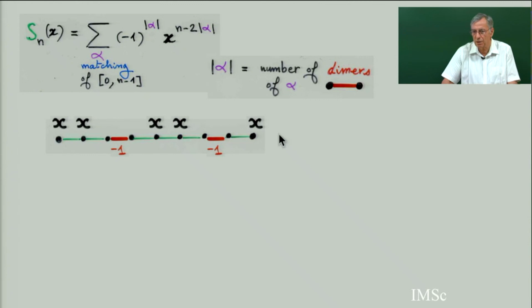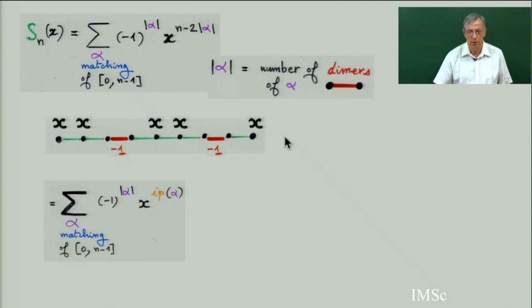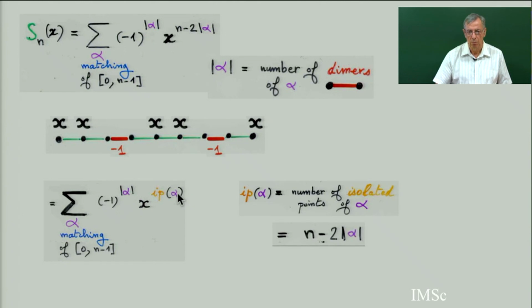So this is the interpretation, up to a factor of 2, of the Chebyshev polynomial of the second kind. It's a sum of the weights of all these kinds of configurations. You can also write it like this: the sum over all possible matchings of minus 1 to the number of dimers, times x to the power IP of alpha, where IP of alpha means the number of isolated points of the matching alpha.